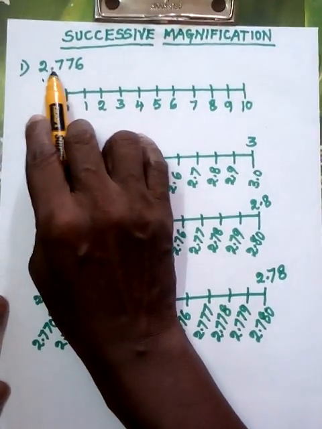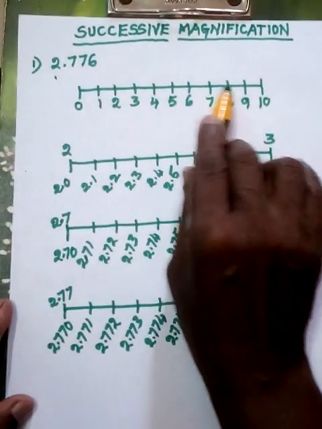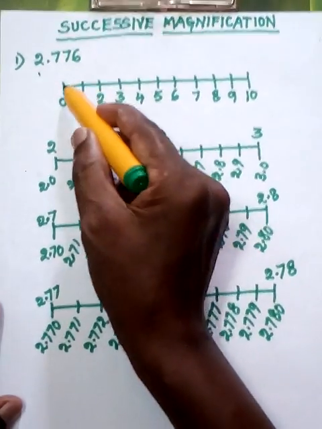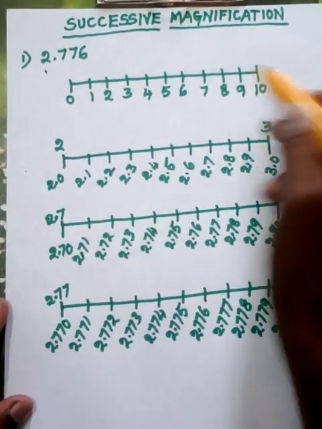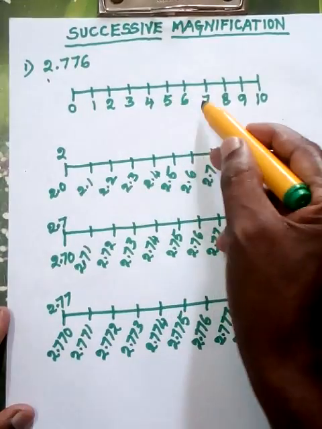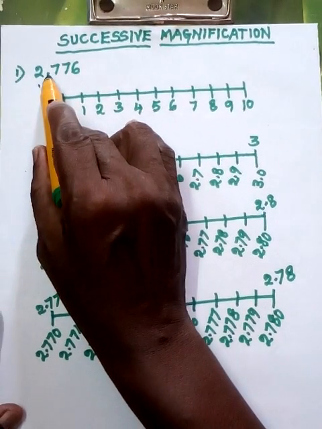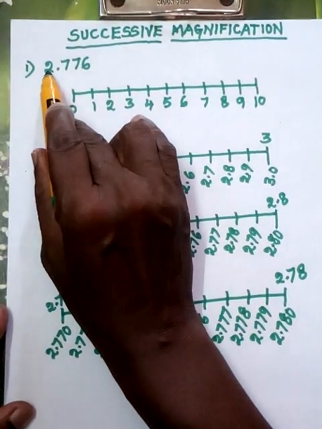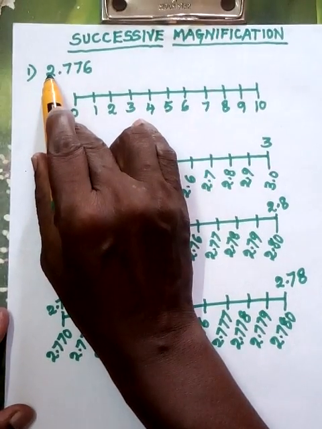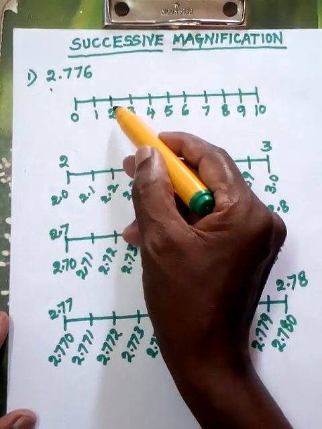Let us take 2.776. First we have to draw one number line and mark the numbers from 0 to 10: 0, 1, 2, 3, 4, 5, 6, 7 up to 10. Then we look at the whole number before the decimal, and see where it is. It is 2.